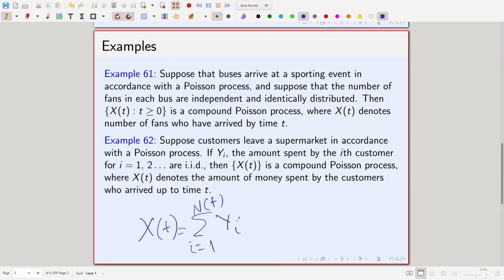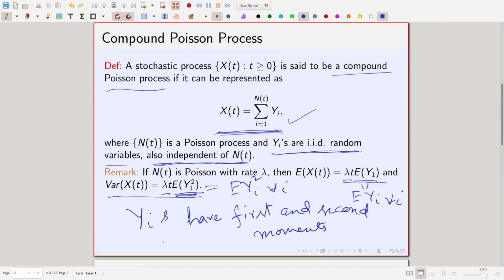And we will follow the convention that if N(t) is 0, then this sum is 0. N(t) can actually be equal to 0, and in that case X(t) is equal to 0.